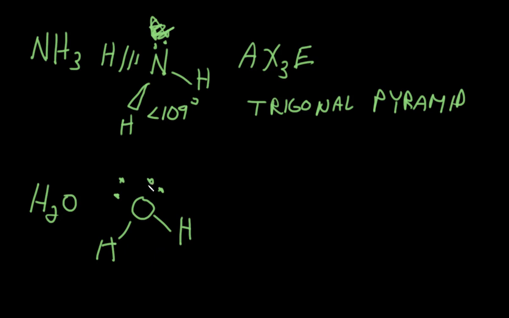The angle down here is going to be about 104.5 degrees. If we want to name it, it would be A, and then X, we have two bonds, and then we also have two unshared pairs. This would also be referred to as angular or bent.